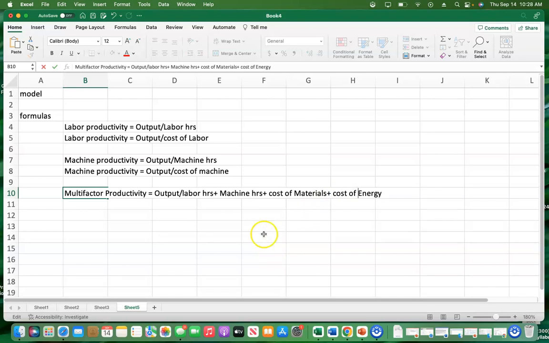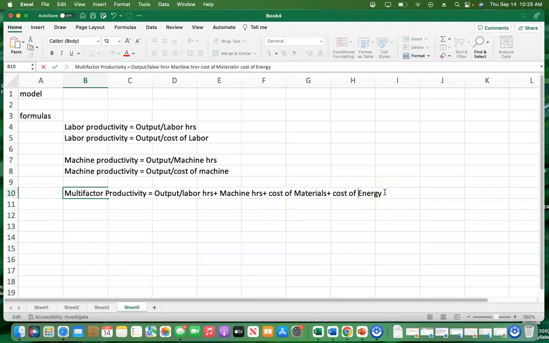So in this case, we are not able to write labor hours, machine hours, cost of materials and cost of energy together. We cannot do so because we need a unit of measurement which is the same for all the inputs. We cannot add that. If we had only labor hours and machine hours, that would be the same unit of measurement, which is hours, and so we can add both. But we cannot include hours and cost and something else.